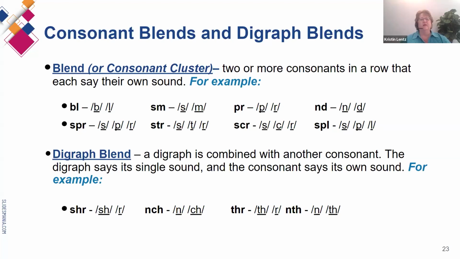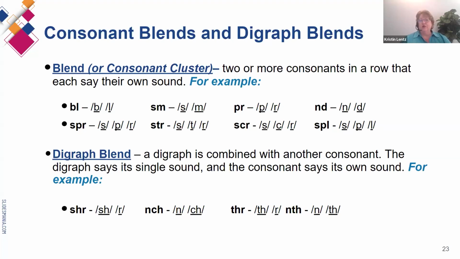So if I were saying the word blot, b, b, I can hear individually both the B and the L sounds. Now, when we speak it, we co-articulate or blend it together fairly quickly. And that's where the word blend came from.